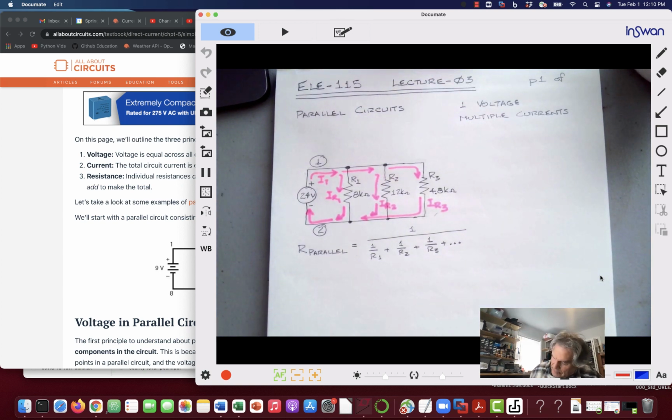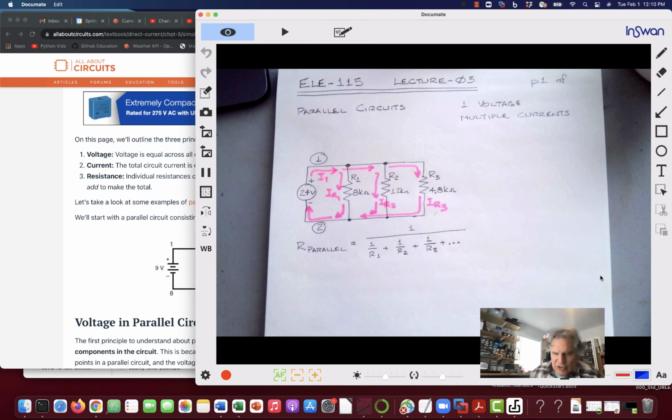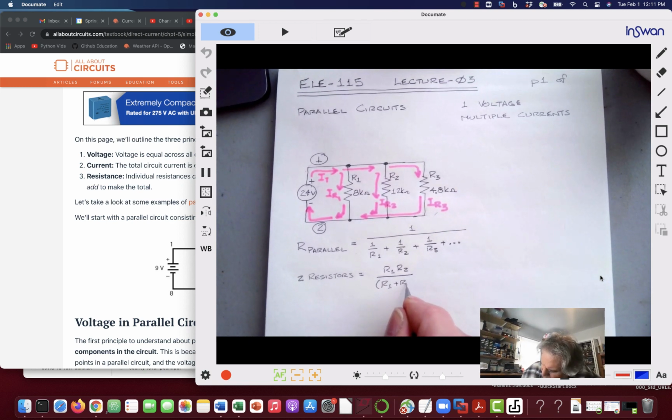Okay? Now, when you have two resistors, and you use this formula, you'll find that it reduces to R1 times R2 over R1 plus R2.